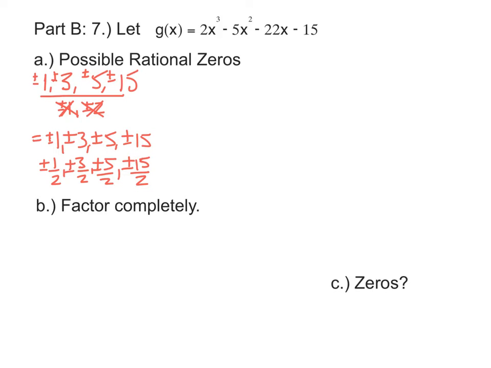Now it might look like a pretty daunting list, but remember a couple things. First of all, initially, without the rational zero theorem, we have infinitely many numbers to try. So cutting it down from infinitely many down to 16 is a significant reduction. The second thing to remember is we're not going to have to try every single one of these.